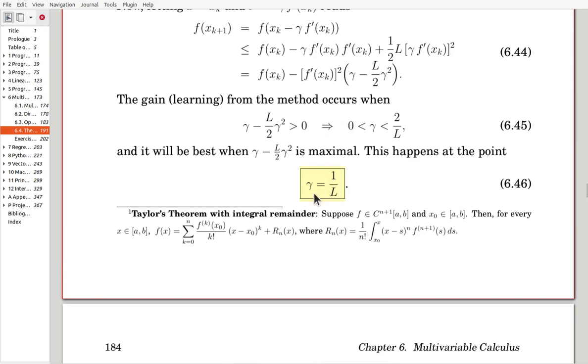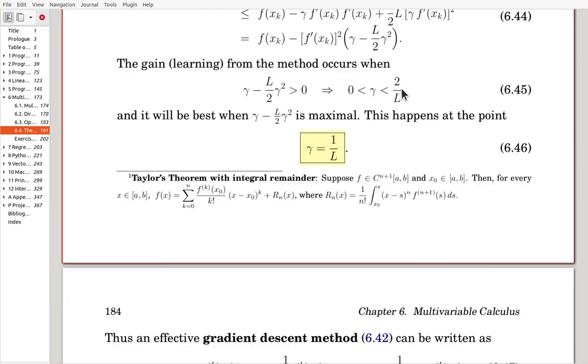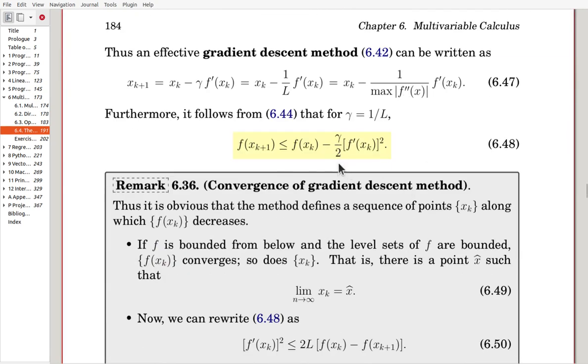When gamma is 1 over L, we can rewrite this in this way, so that the new value is bounded by the old value minus gamma over 2 times f prime at the old point squared. So we get this inequality that will be used later for deciding this gamma.